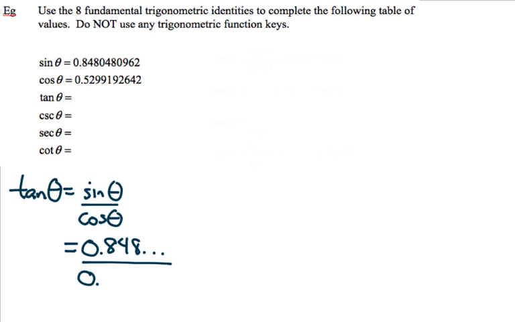Cos theta, 0.529, and so on. And I'm purposely omitting some of the digits. I will type them into the calculator when we do this. Divide that out, 1.600334529.